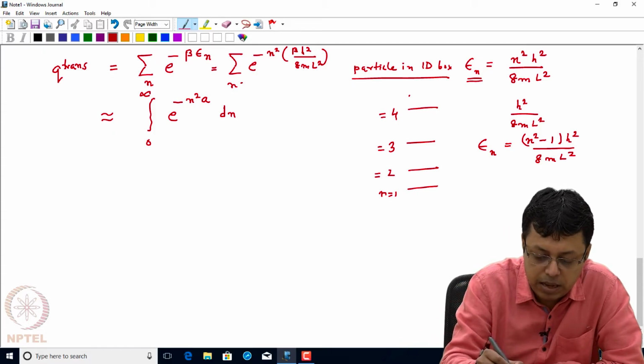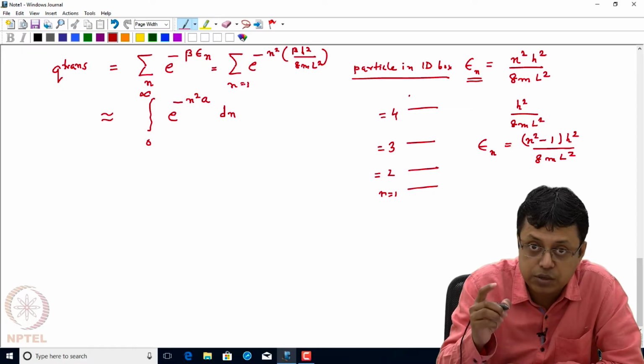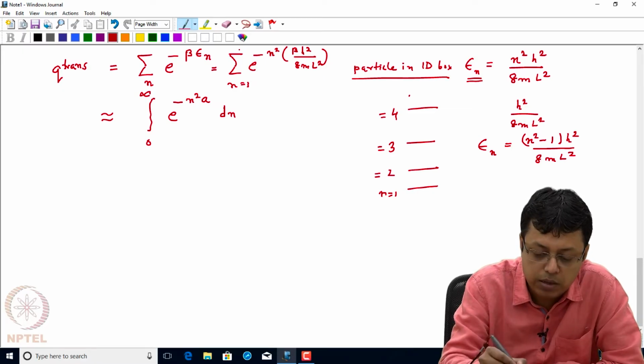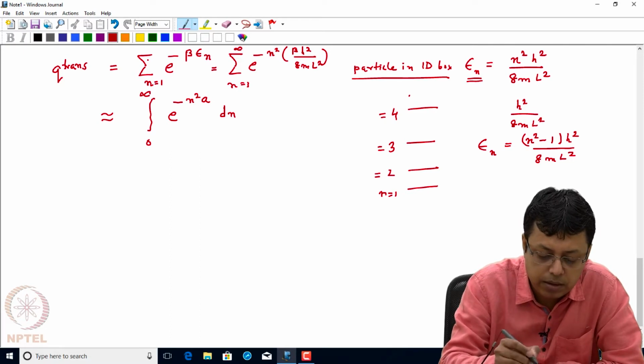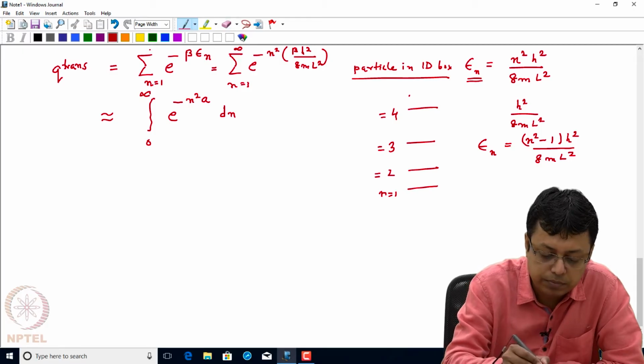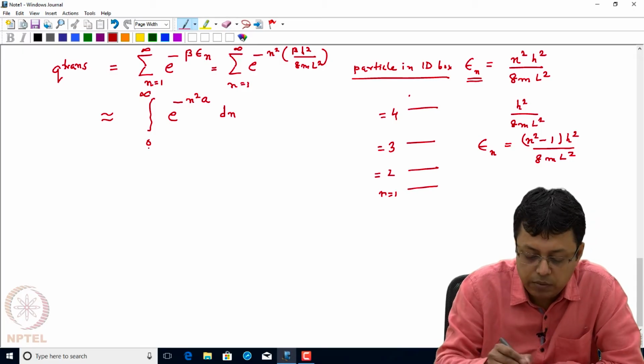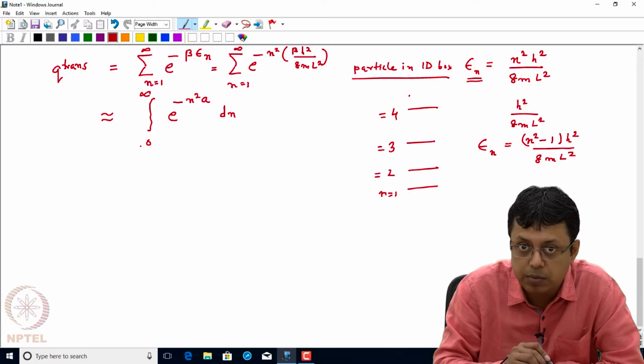and then we basically write this thing as, remember that n actually goes from 1 to infinity in our case, but it's a discrete sum again, but then we are writing n equal to 0 in the denominator.